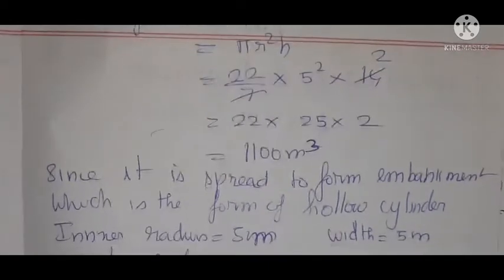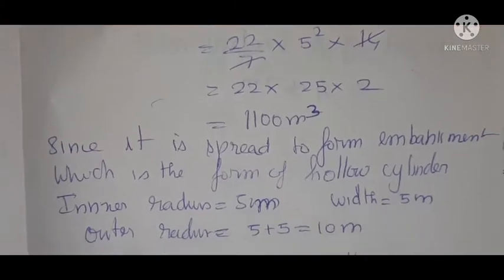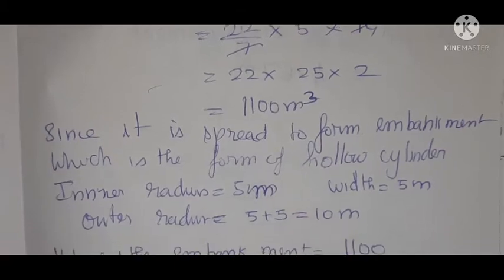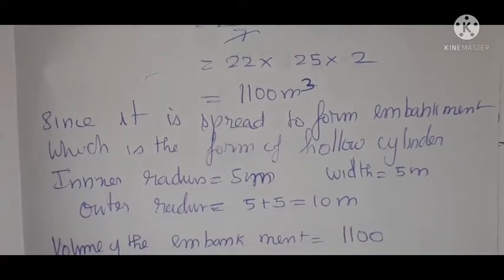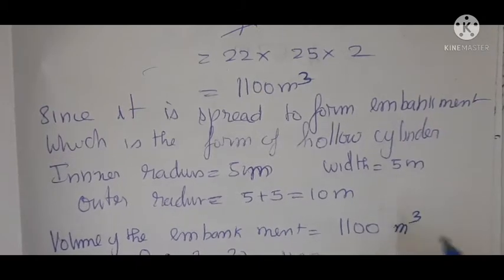Since it is spread to form an embankment, which is in the form of a hollow cylinder, inner radius is 5 meter, width is 5 meter, the outer radius is 5 plus 5, 10 meter. Volume of embankment is equal to 1100 meter cube.